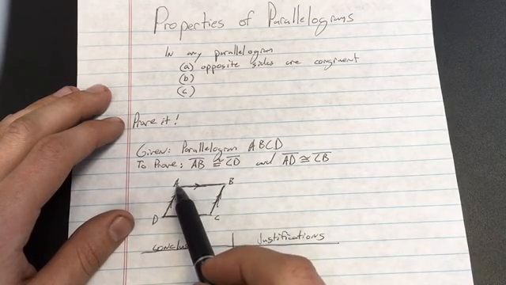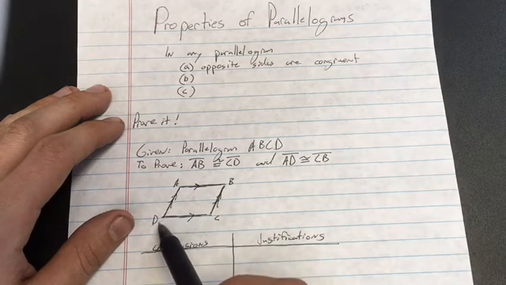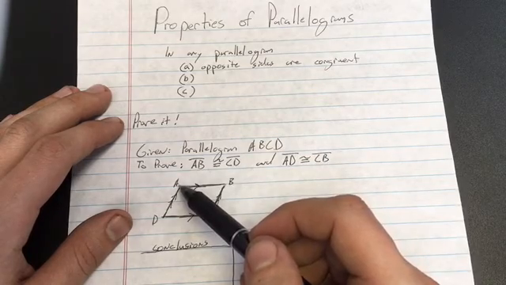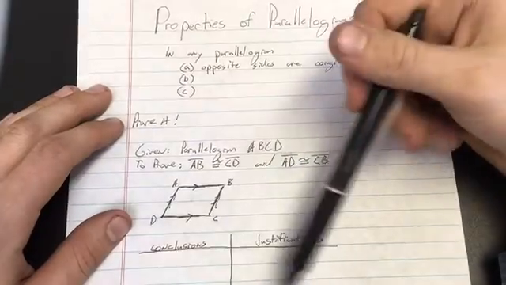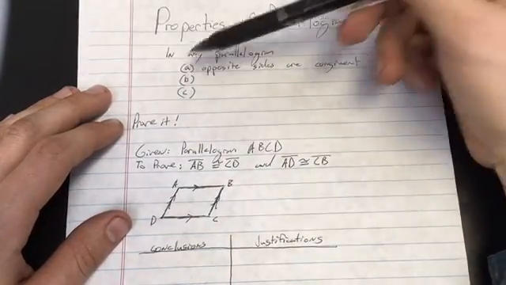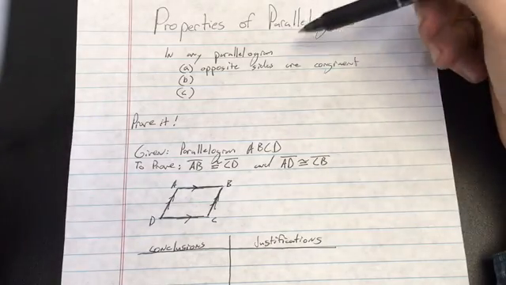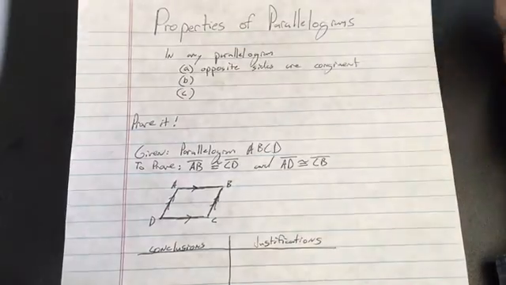So we know line segment AB is congruent to line segment DC, and we want to check and see if line segment AD is congruent to BC. And so this is what we're going to prove here. But if we reference the properties of parallelogram theorem, we can just reference that theorem, and that proves it for us without having to do this whole other proof.